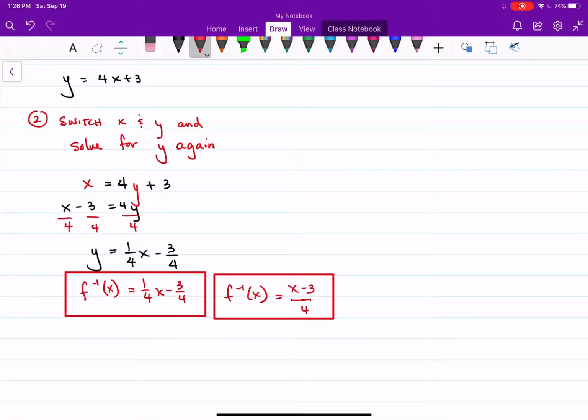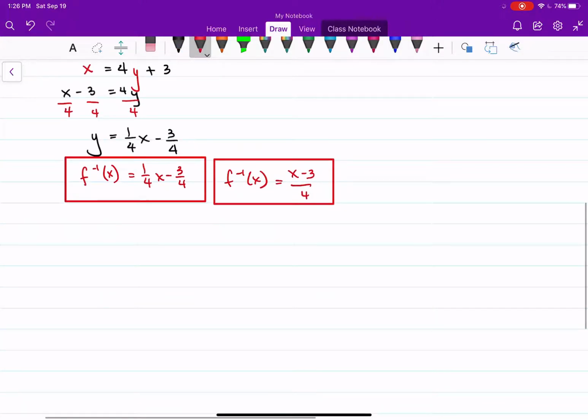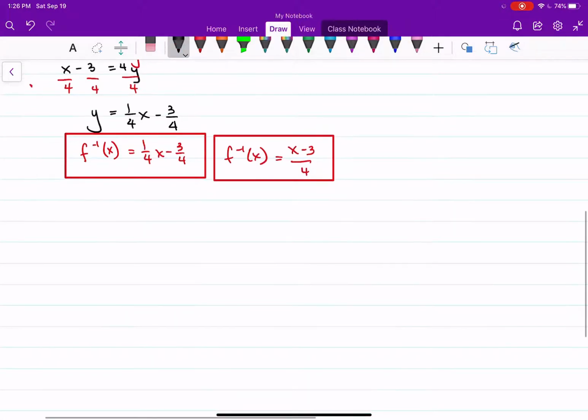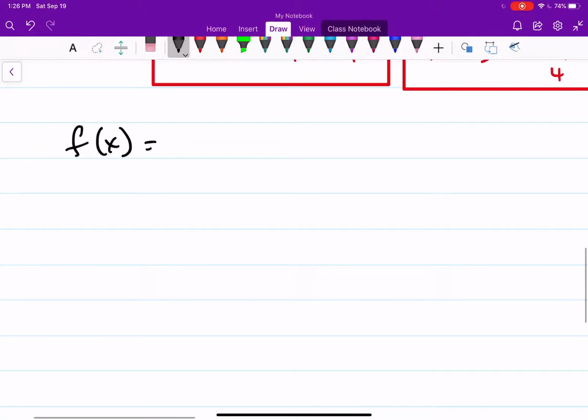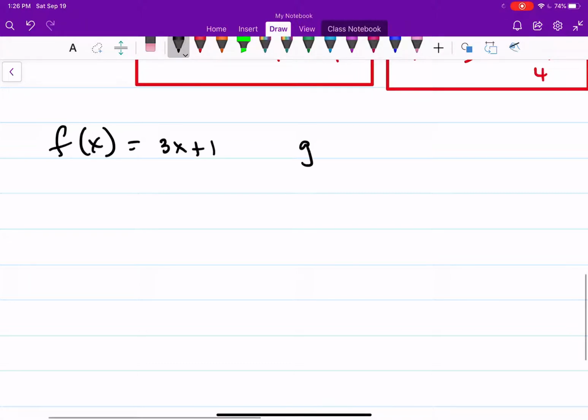Now, what is another thing that they might ask you to do? They might ask you to say, hey, so if you're given two functions, okay? So let's say you're given f of x is equal to 3x plus 1. And then they're giving a g of x, and that is x minus 1/3. And they might say, hey, are these two inverse functions of each other?